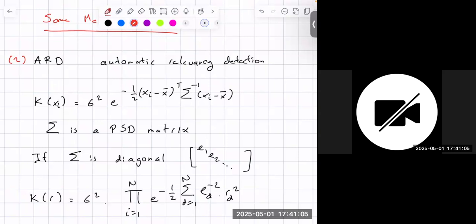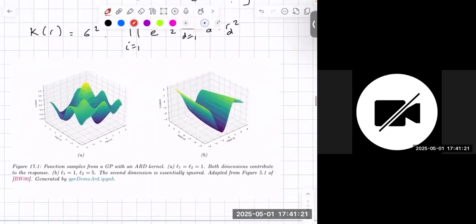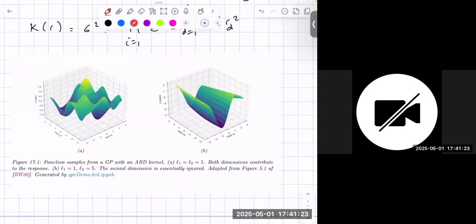So what is it? You pick a diagonal matrix, right? You invert it, you multiply, raise it to the power e. It's like a Gaussian thing. That's one of those kernels that is available in all the libraries you use. And now here are some plots. What we are doing here is taking, I think, two data points and putting them in the kernel, and whatever number that kernel gives, we are plotting it out.